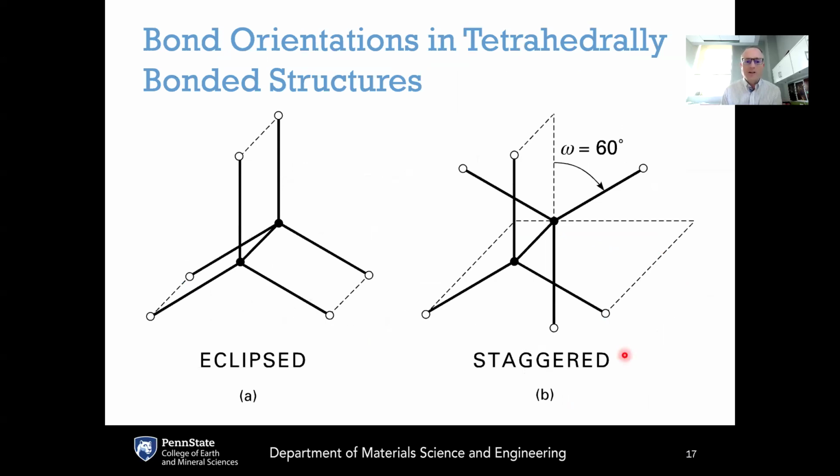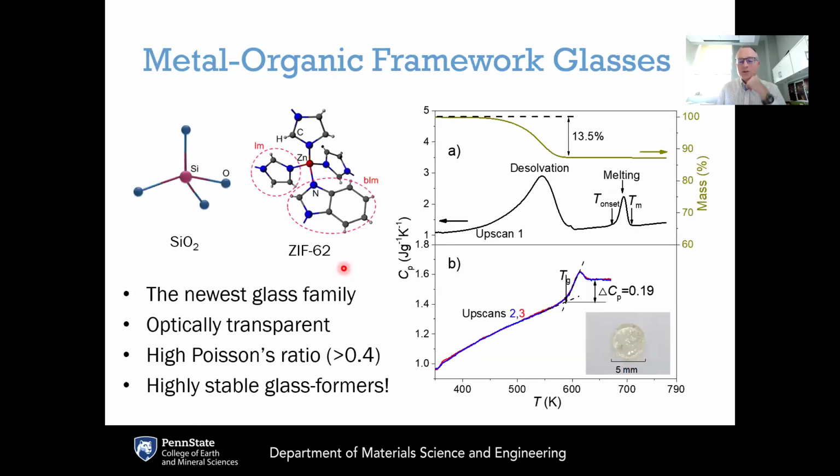The bond orientations can be classified as either staggered, as in this case, where you've got a twisting of the bonds relative to each other, in this case an angle of 60 degrees of rotation of this plane with respect to the neighboring plane, or they can be in this eclipsed configuration where there is no alignment of the angles in that case, or some mixture between the two.